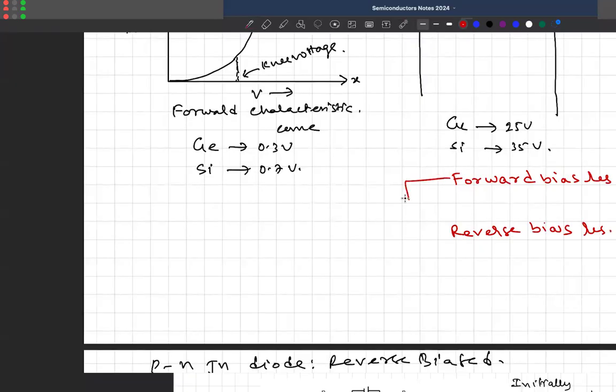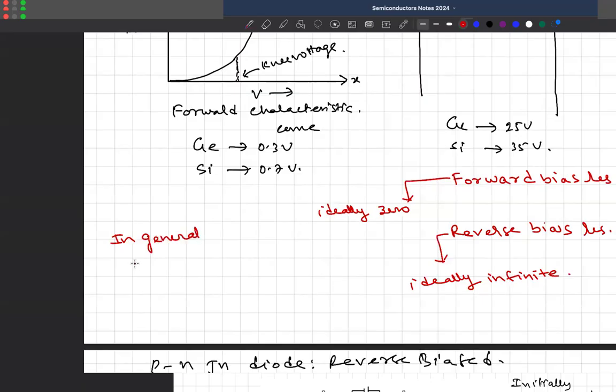So ideally zero in forward bias, and ideally infinite in reverse bias, like an open switch. But generally, the forward resistance by reverse biased resistance is of the order of 10 power minus 6.